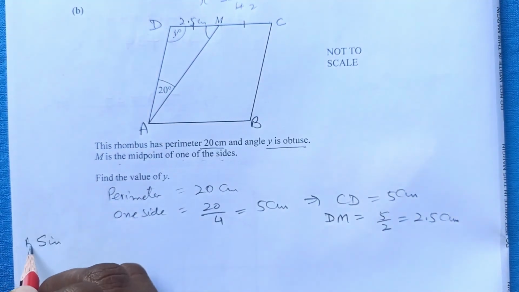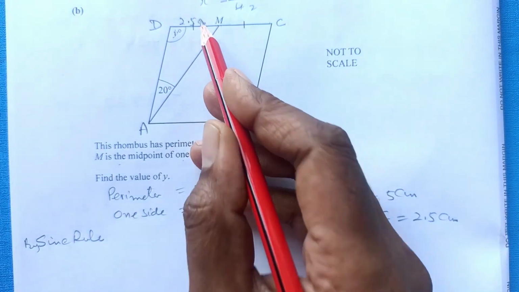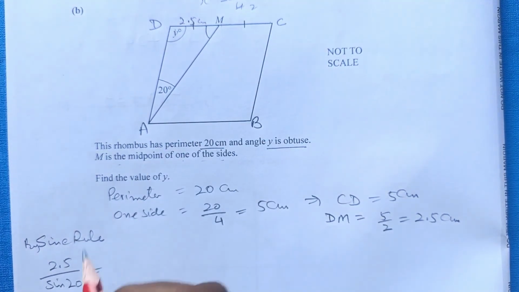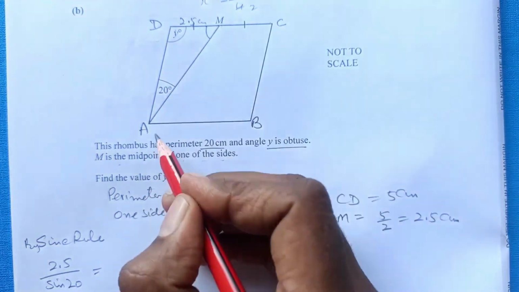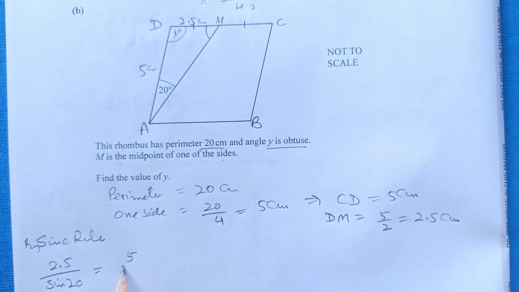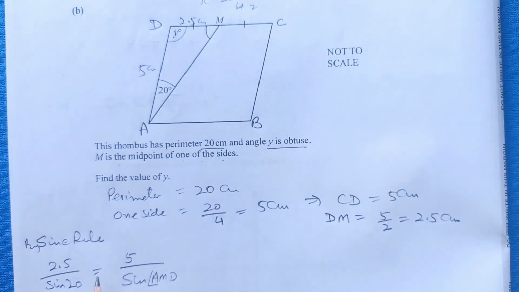By the sine rule, we will have 2.5 over sine 20 equals, this side is 5, over sine AMD, this angle.